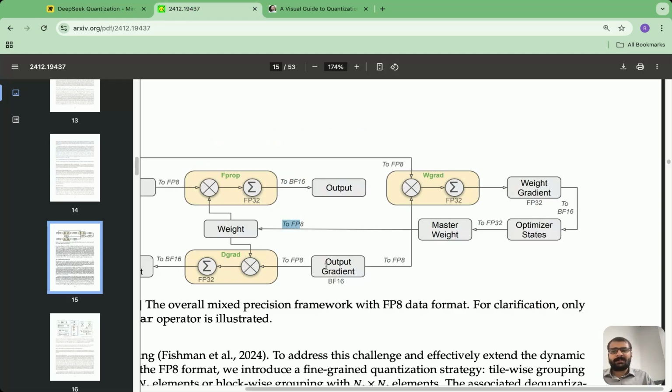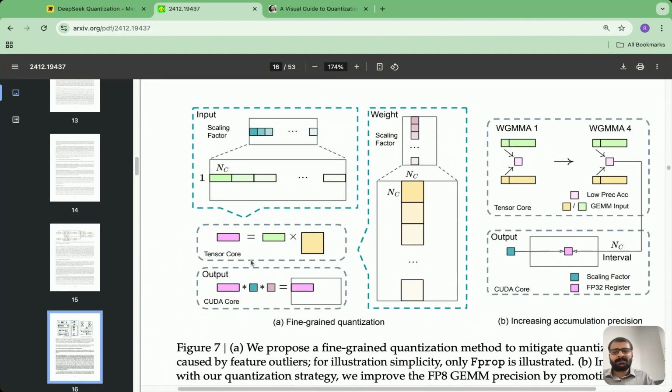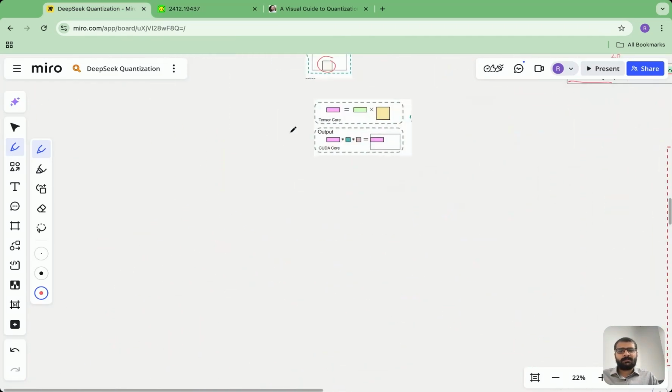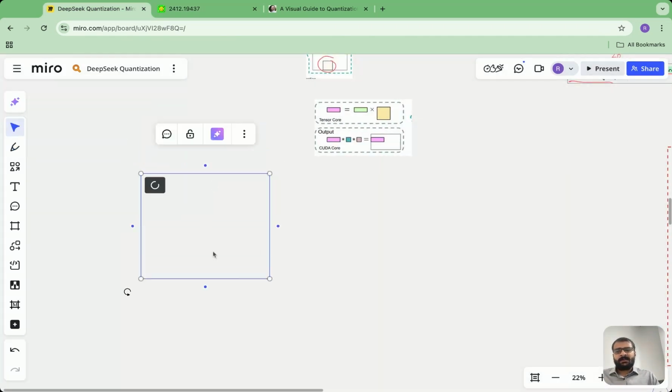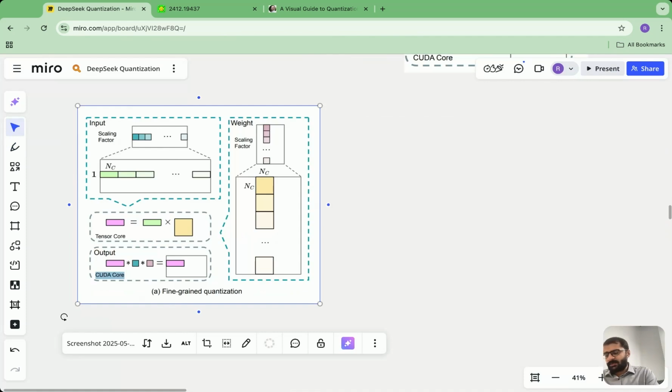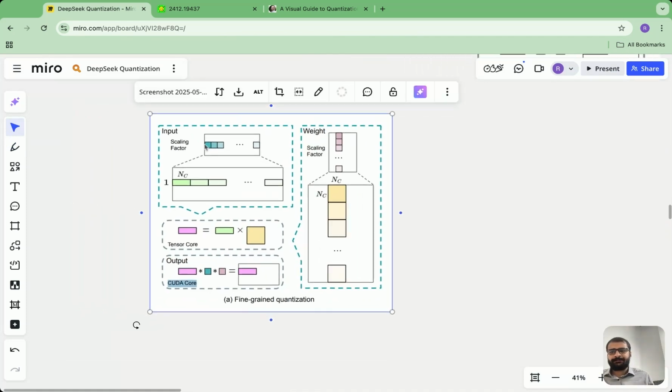If you take a look at this schematic, there is the tensor core over here where the floating point 8 operations are performed and the result is also floating point 8. And the output is the CUDA core where we do upscaling and store as floating point 32. So this entire schematic actually has a lot of things going on. If I take a screenshot of this and bring it over here, without understanding quantization, it's very difficult to understand this schematic.